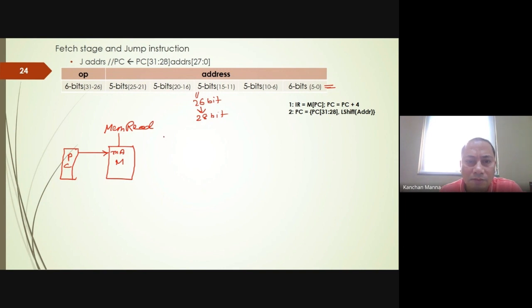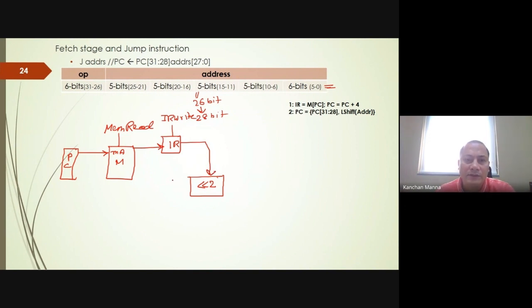We load that into the IR, and we have to provide IR write. So the instruction is available here. Now this is 26 bit. We have to multiply that value by 4, and this can be done using left shift by 2.